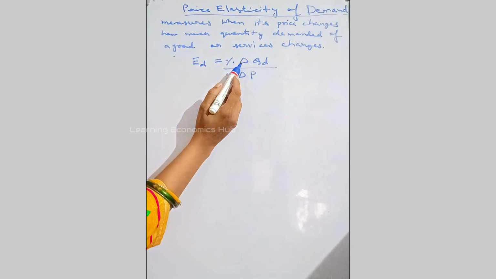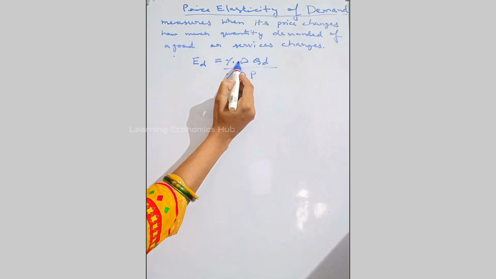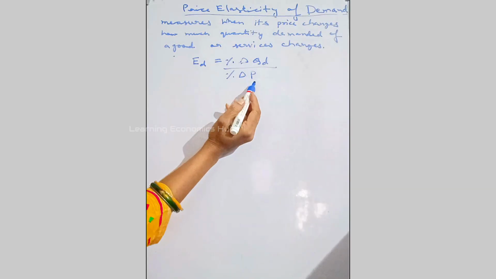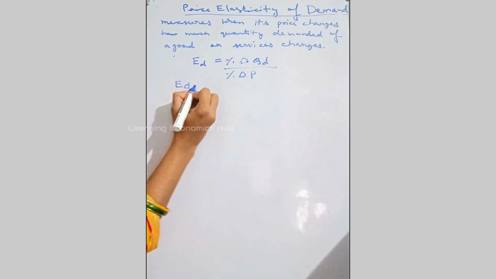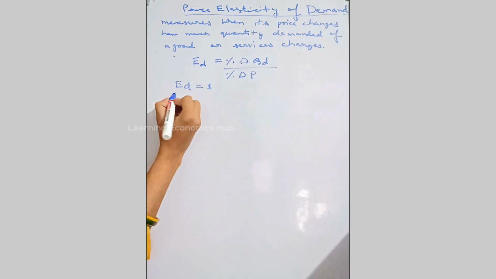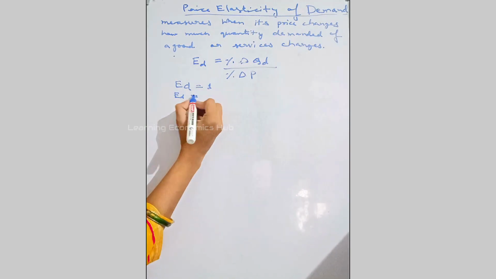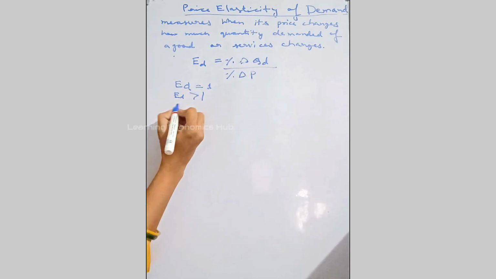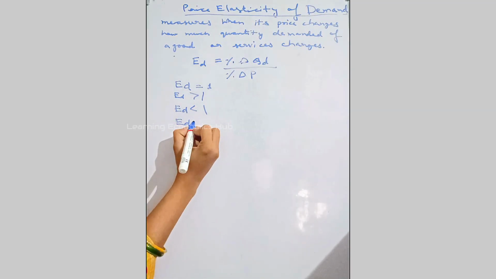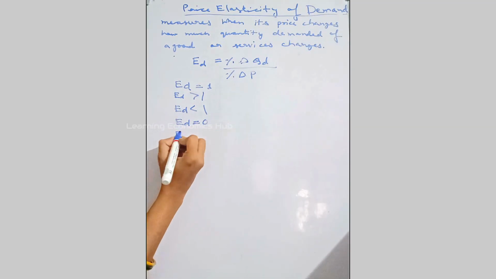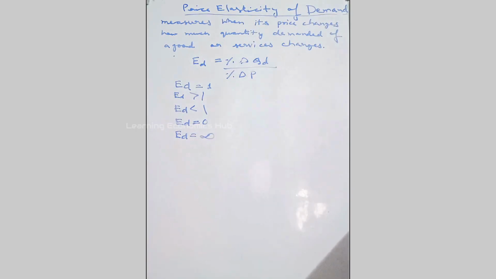We use del for showing the change in quantity demanded and change in price. ED may be equal to 1, greater than 1, less than 1, equal to 0, or equal to infinity.